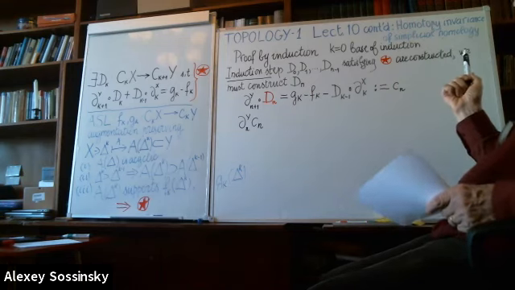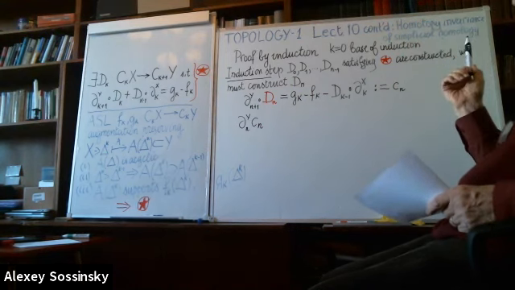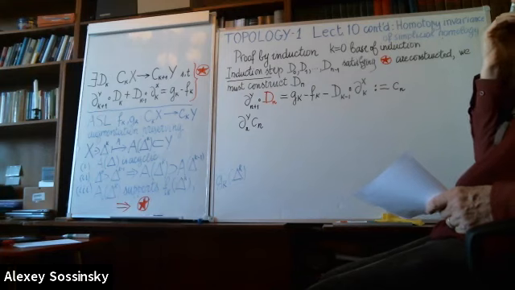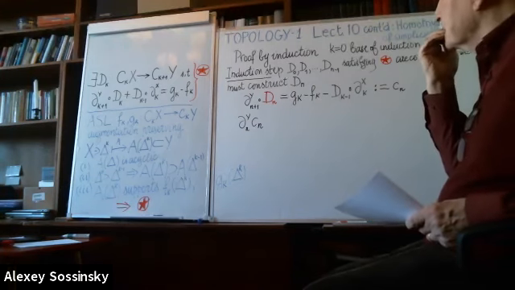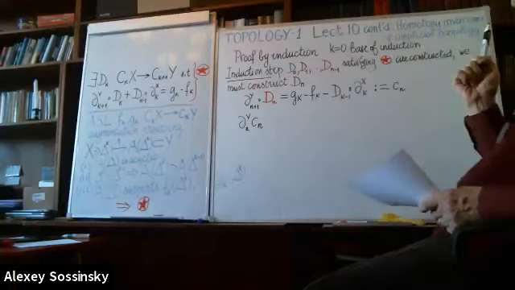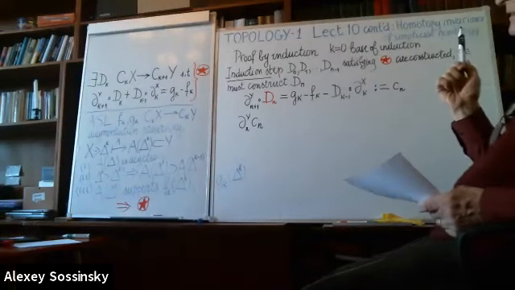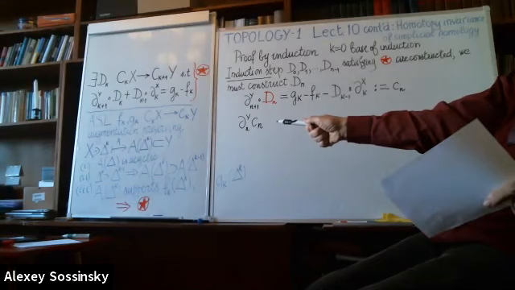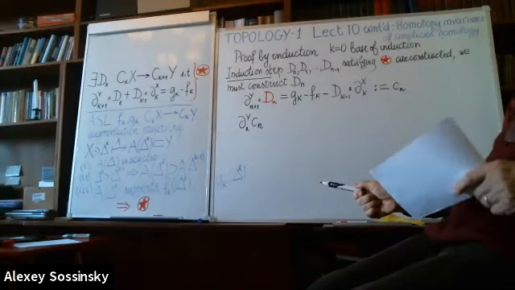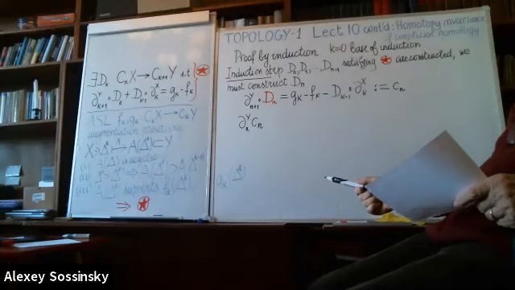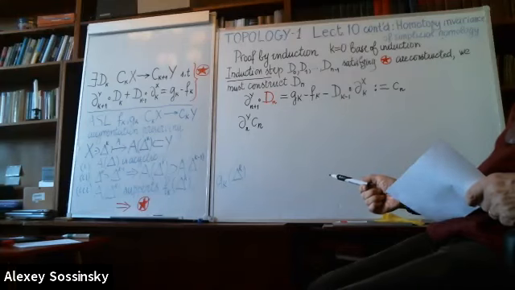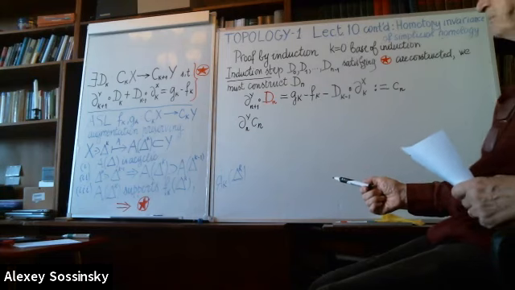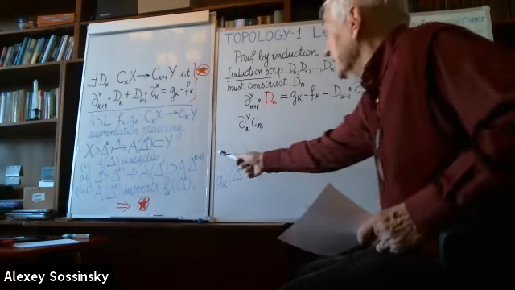Now, since it is a cycle, we will show that it follows from the conditions of the acyclic support lemma that this cycle is really a boundary. This is because there is no homology in A of k.